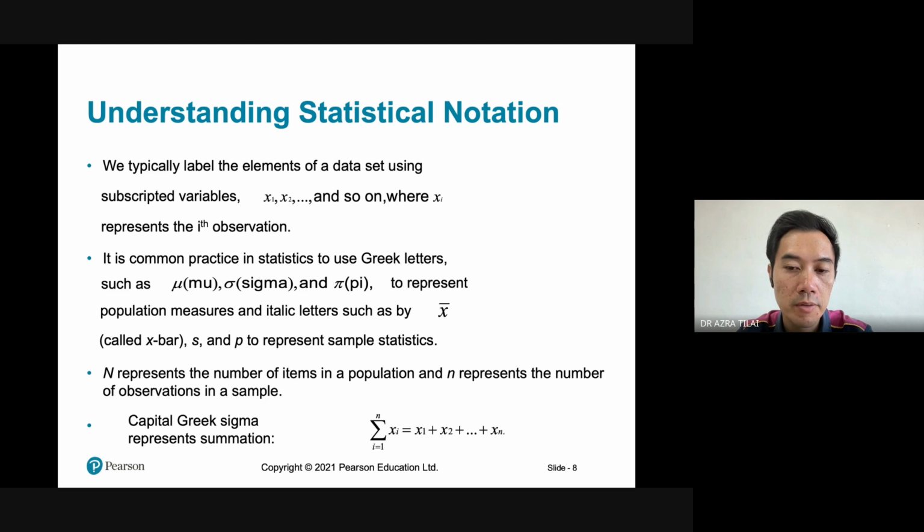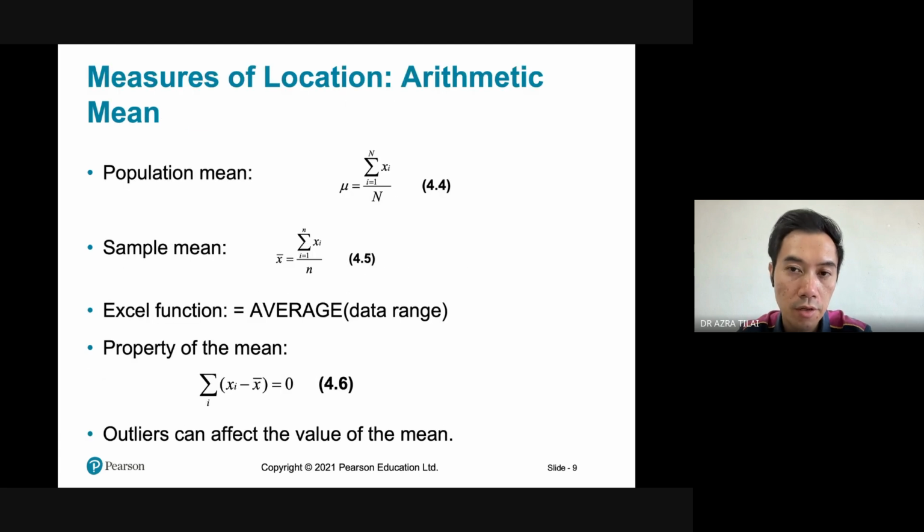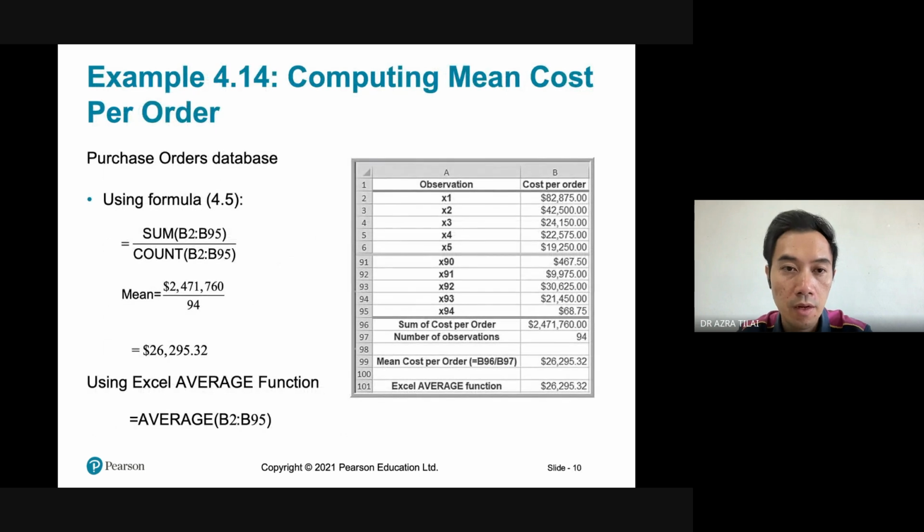These all represent particular variables. For instance, to have an equation that represents the mean for the population, we use the first one. Then the sample mean, then we also have average, proportion, and so forth. These are some examples of equations.